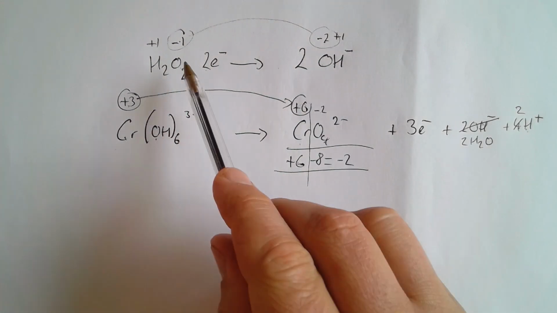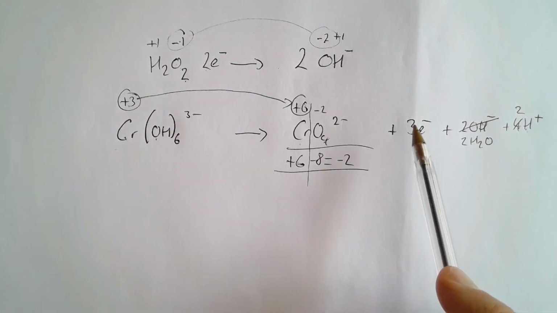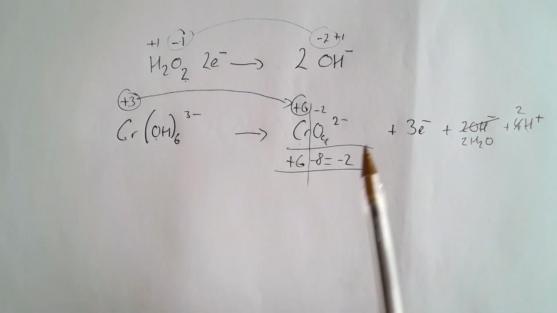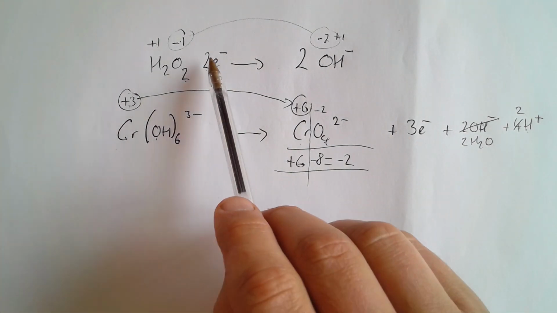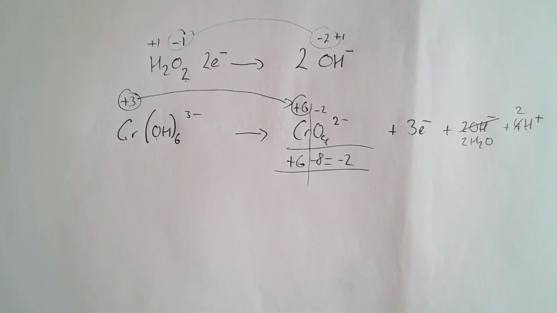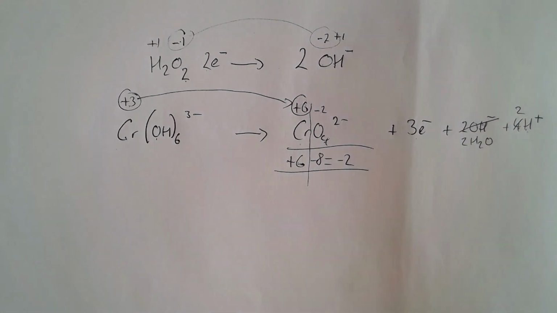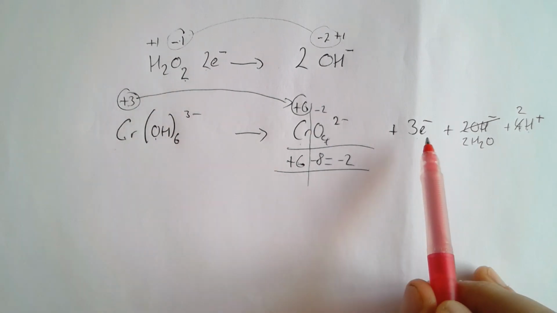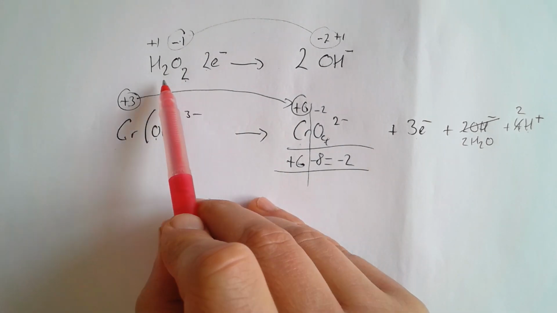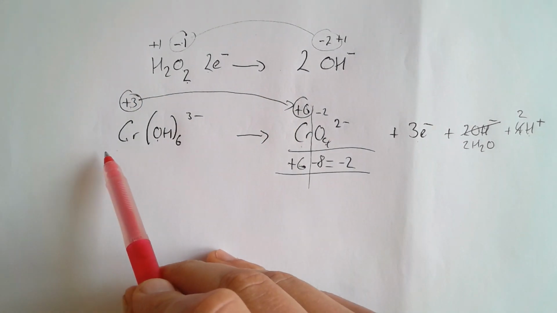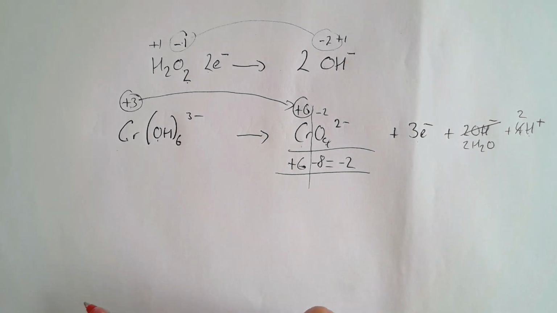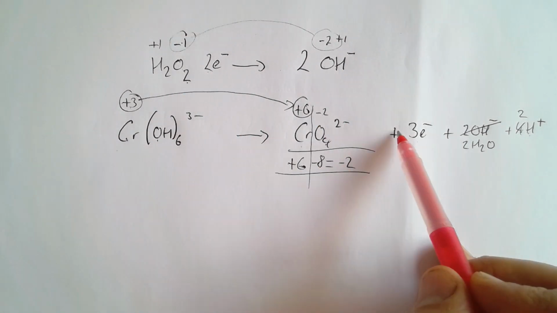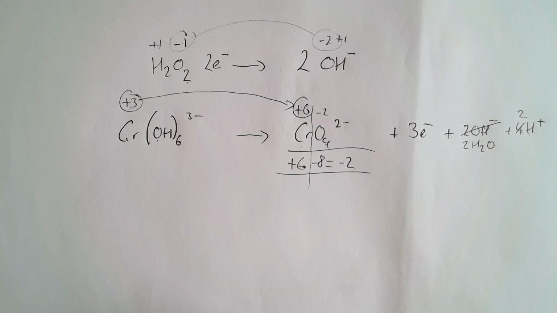So how do these go hand in hand? Well, with any pairing up of redox half equations, we need to have electrons balanced. I've got 2 and 3 moles, so I'm just going to multiply one by the other. I'm going to multiply the top equation by 3, the bottom equation by 2, just so we end up with 6 electrons in each half equation.